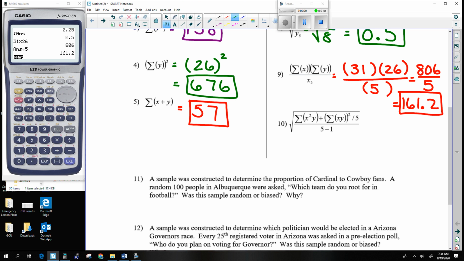All right, so number 10, I'm going to find the sum of x squared y. So if you look at the calculator, that is the sum of x squared y.